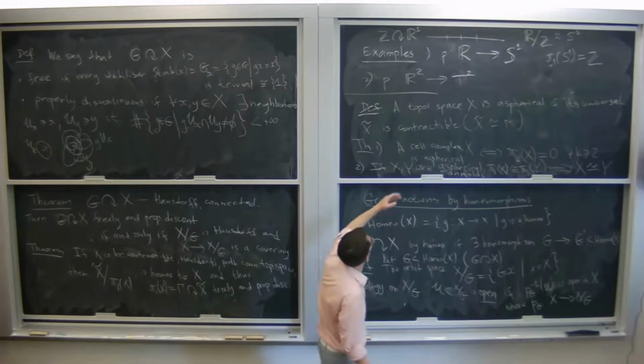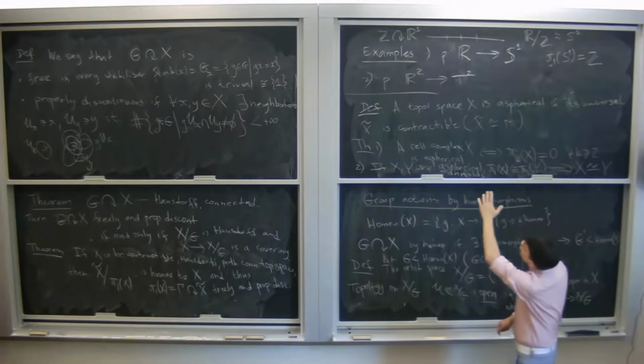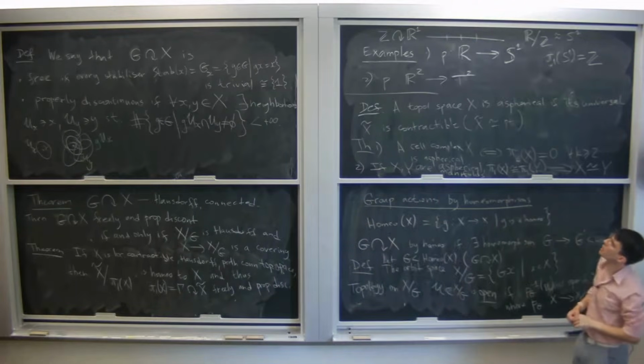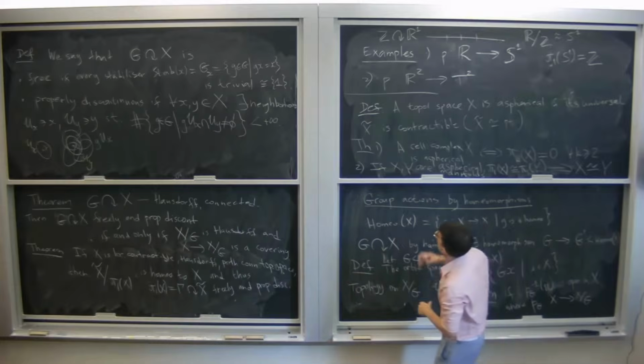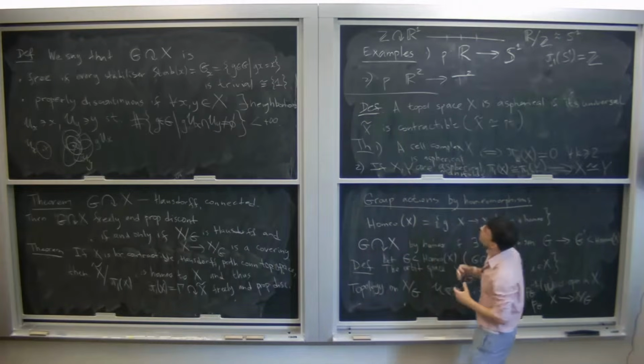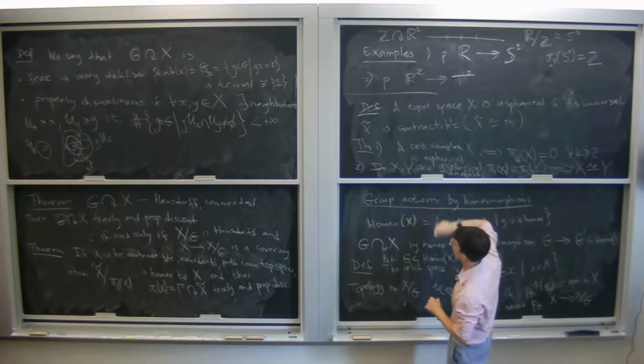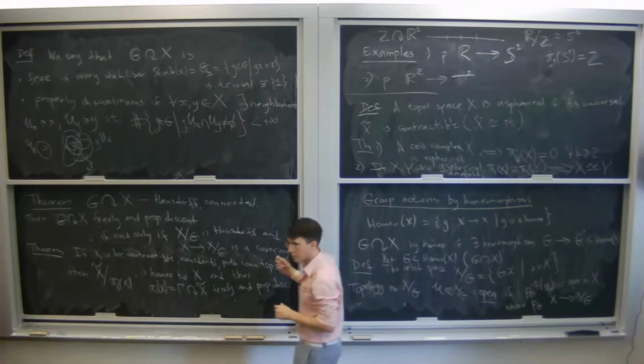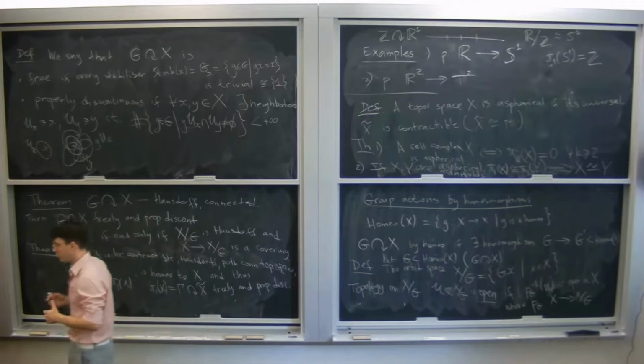So for instance, in the case of Z acting on R1 by integer translations, we indeed have that the action is free, right? The parallel translations do not fix any point. Only the trivial identity map fixes all points.